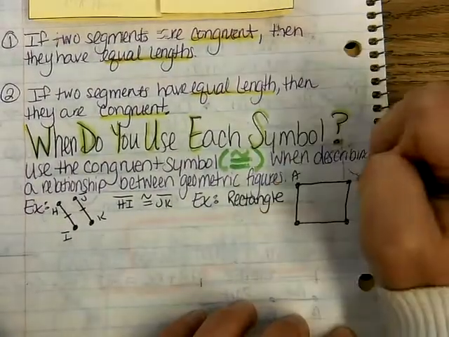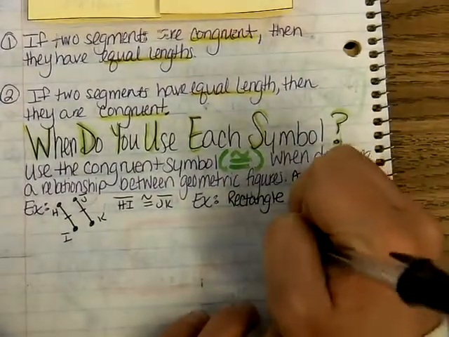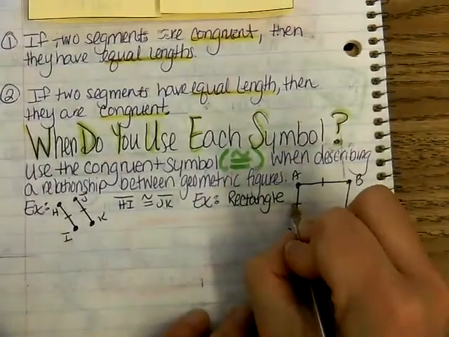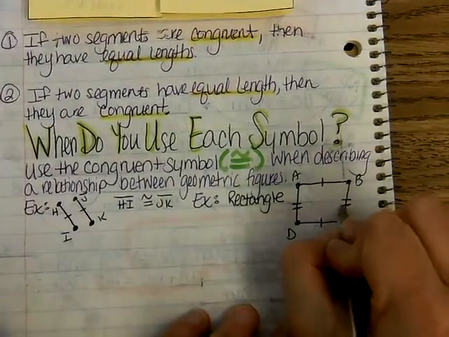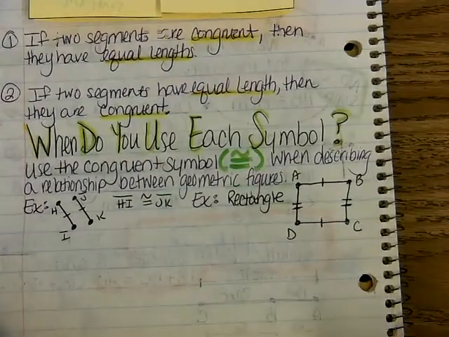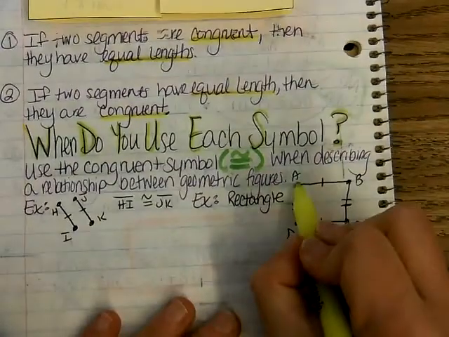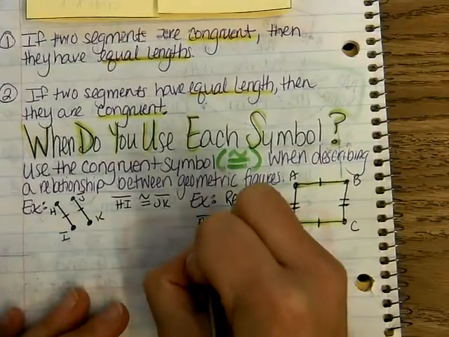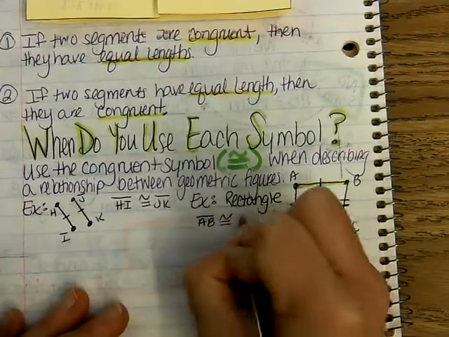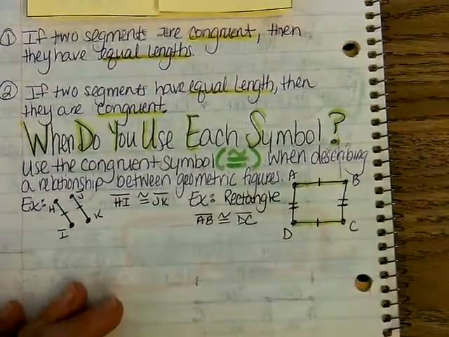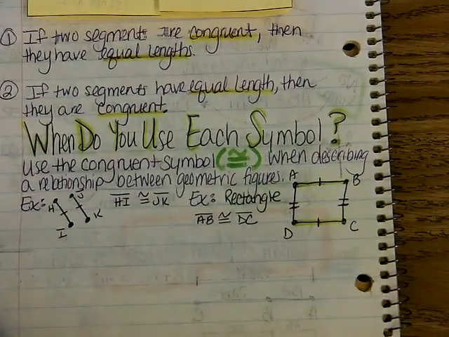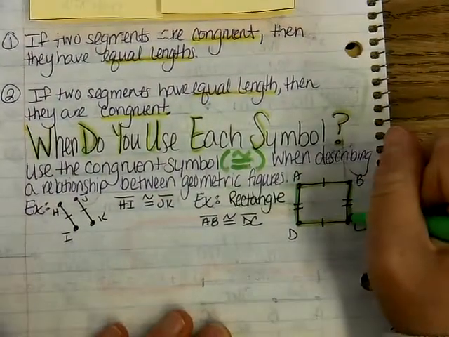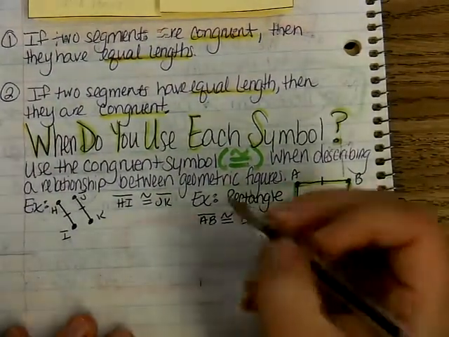And I'll call this A, B, C, and D. In a rectangle, I know that opposite sides are congruent, but not necessarily all sides are congruent. So in a rectangle, I would say that segment AB is congruent to segment DC. That's a relationship. I'm not interested in what the exact length is. I would also say that segment AD is congruent to segment BC.